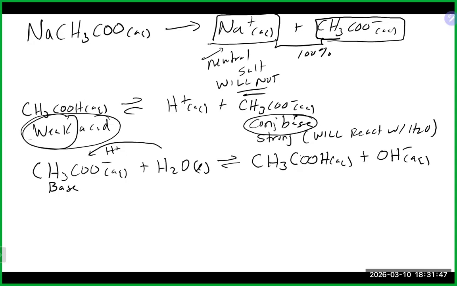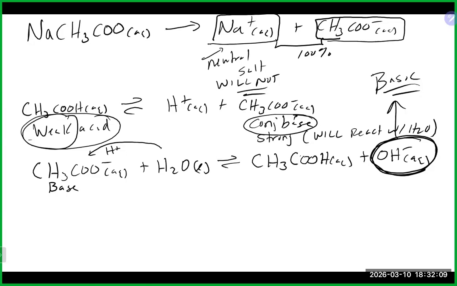I see OH minus, yes? And we associate OH minus with a base. So because this is going to produce hydroxide, this solution is going to be a basic solution before you even do the calculation. You should end up with a basic pH if you go through the calculation.